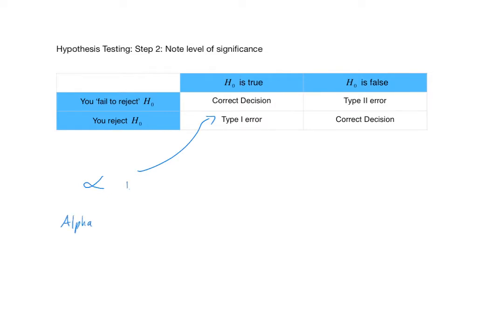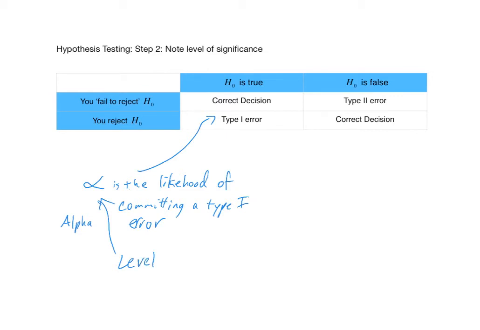And this is the likelihood of committing such an error, so a type 1 error. It's also known as the level of significance of the test. So alpha, which is the probability of committing a type 1 error, is the level of significance of the test, which is a big part of our hypothesis testing.